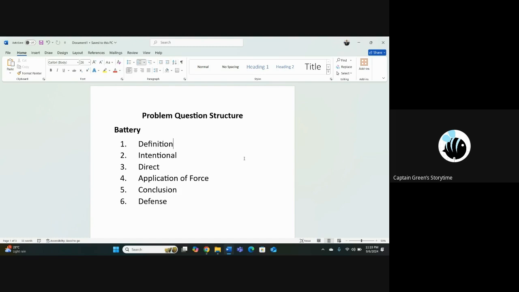Moving on, we went through intention and we also noted down that there will be no liability for any offense beneath trespass to person where there is no intention. When there is no intention, there is no liability. Moreover, we studied that you must know the consequences of your acts.